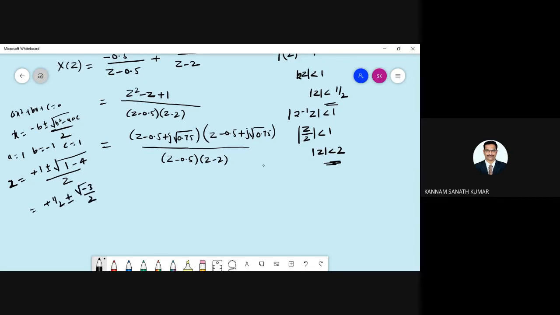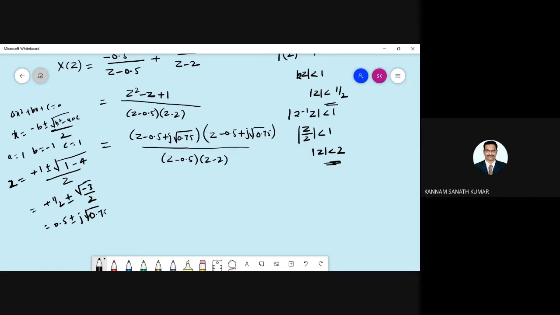Okay, so minus 3 by 2 is 0.75 now. When a negative square root is there, you can write j. So plus or minus j. So 1 by 2 is 0.5. So 1 by 2 is 0.5 plus or minus j square root of 0.75.